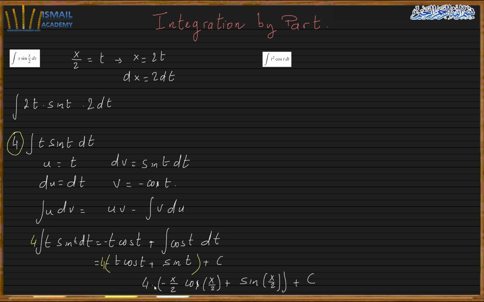You can distribute the 4 if you want, or leave it like this. It is the same thing, but it's better to distribute and make it simpler. But this will be my answer.